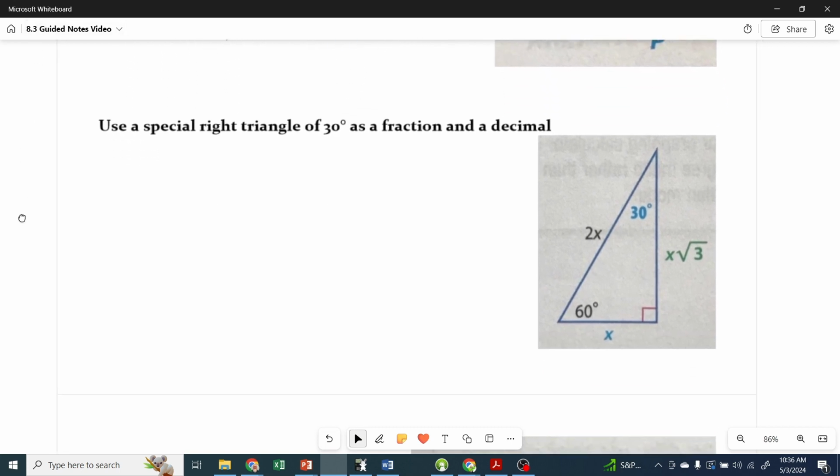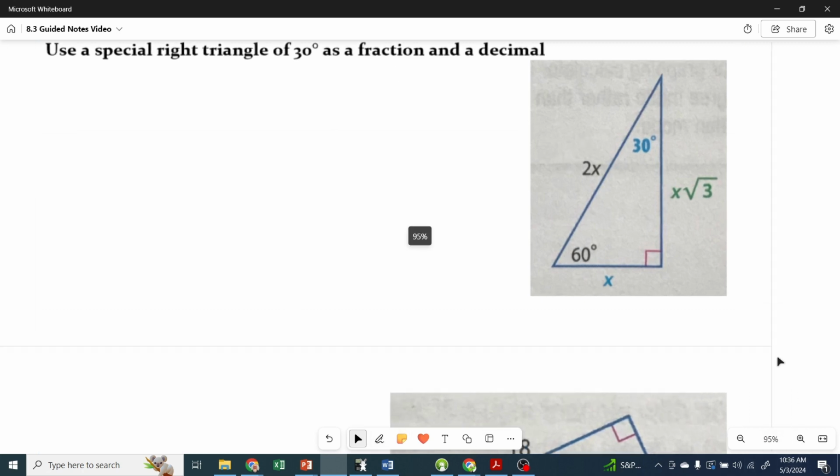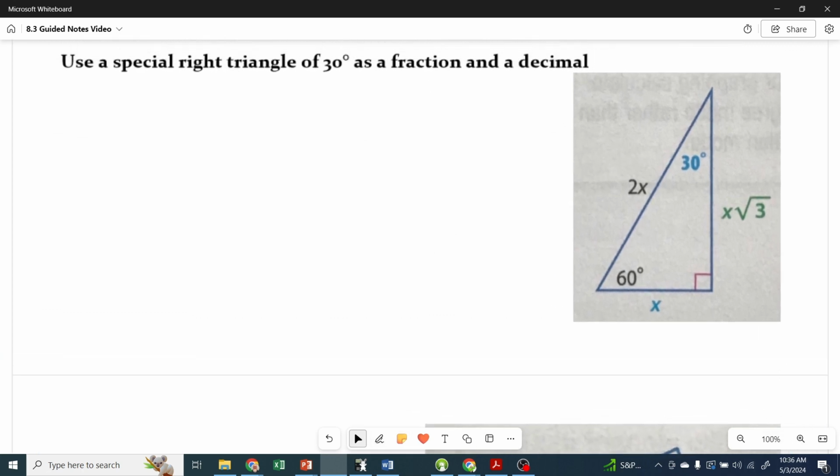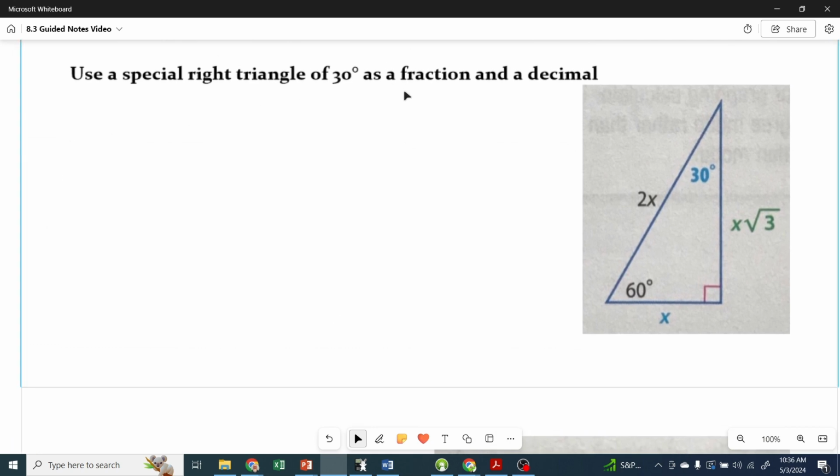Alright, so we're going to solve for some stuff here using a special right triangle, which is 30, 60, 90. And they want us to find sine, cosine and tangent of 30 degrees as a fraction and as a decimal.